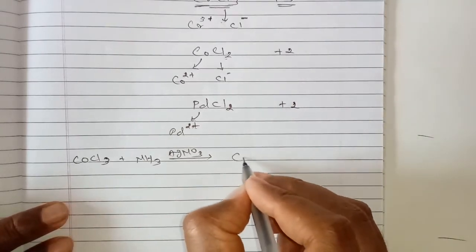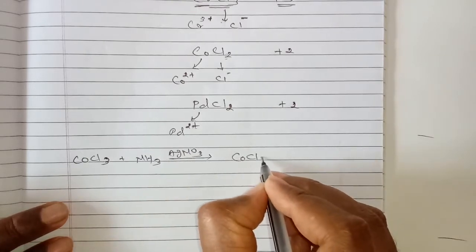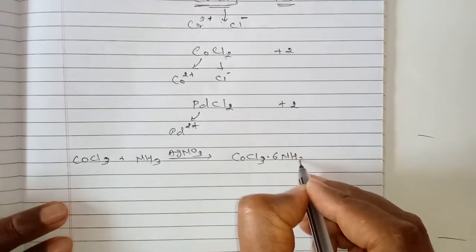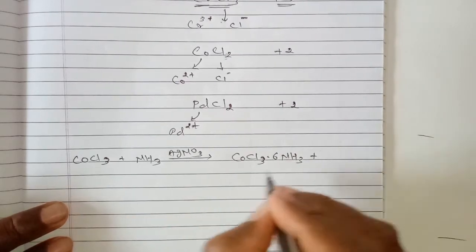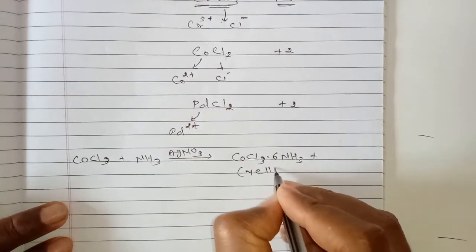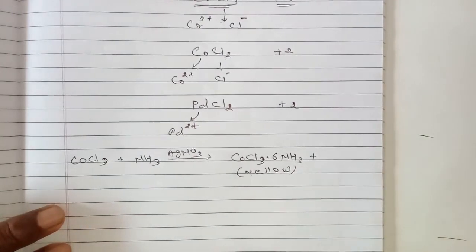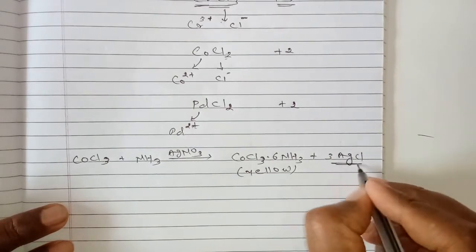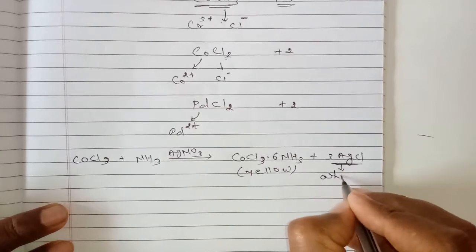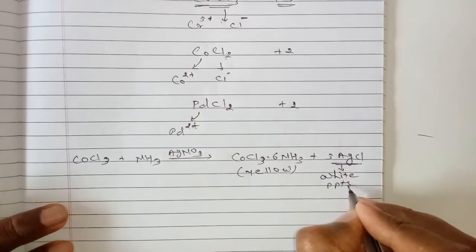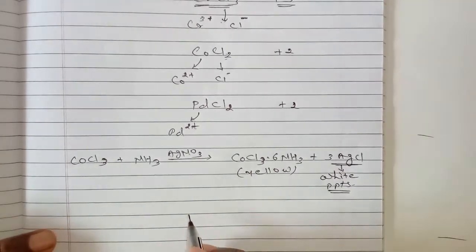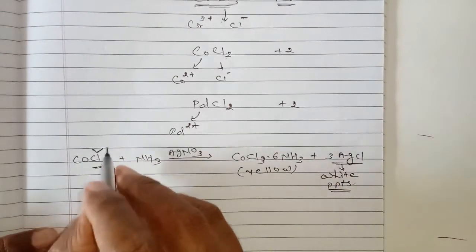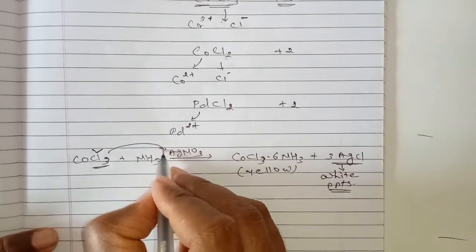The complex we get is CoCl3 with 6NH3, yellow in color, and 3 moles of silver chloride are obtained as white precipitate. So here all the chlorine is bound with the silver.